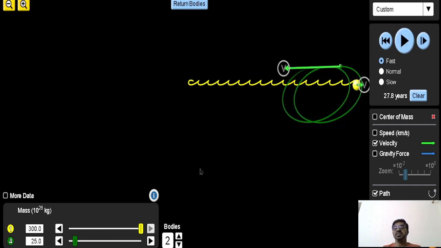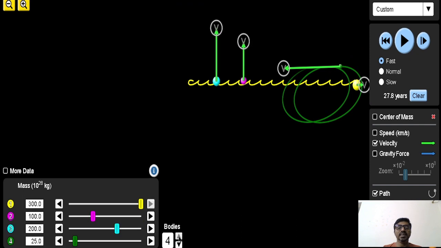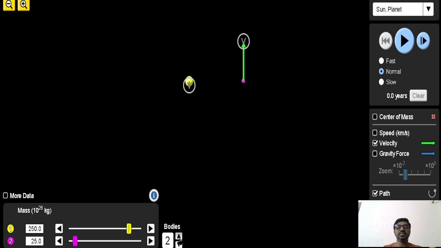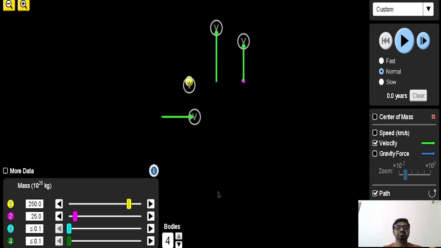Okay, let's go back to four objects again. I think I can take only a maximum of four objects here. So four objects let us take. They had given the default like this. Let's run the default motion and see how they move.